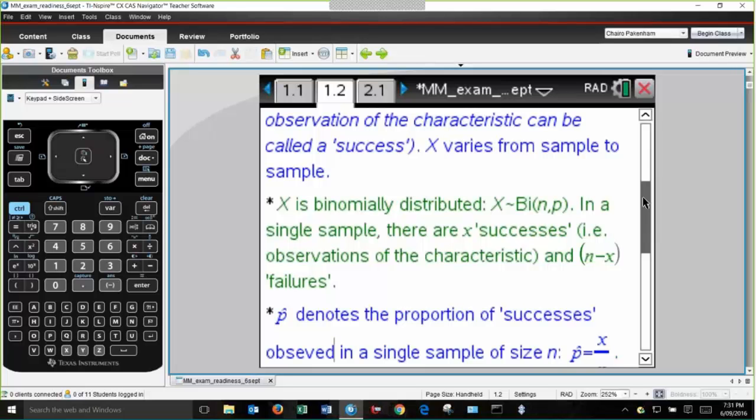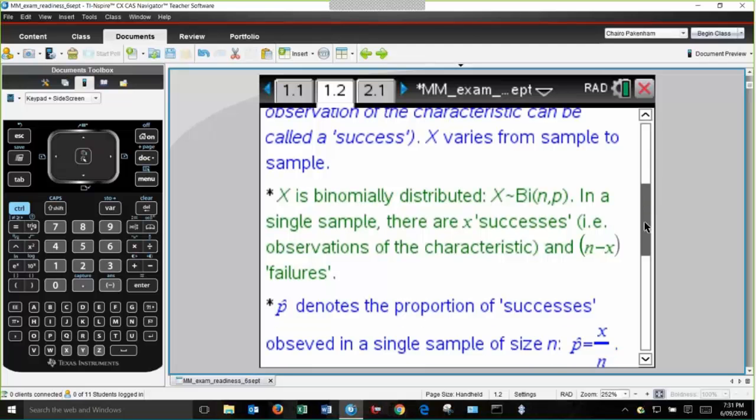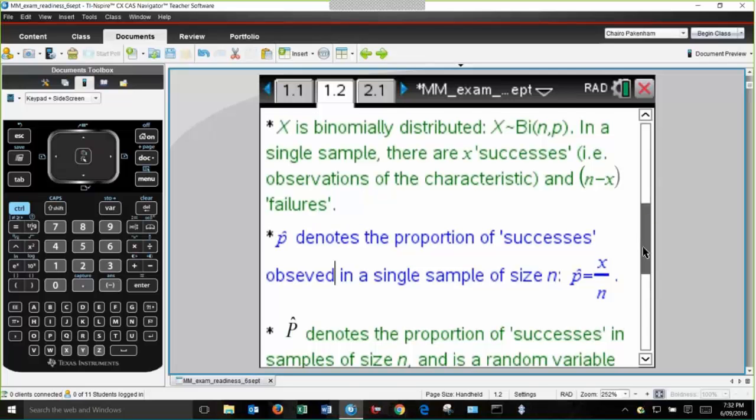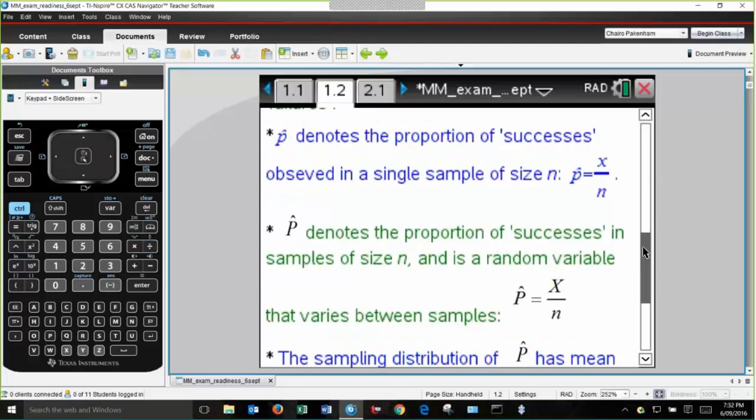The lowercase p hat denotes the proportion of successes observed in a single sample of size n. So p hat is x over n, that's small x over n, and capital P hat is the random variable denoting the proportion of successes in samples of size n. It's a random variable, so it also varies from sample to sample.